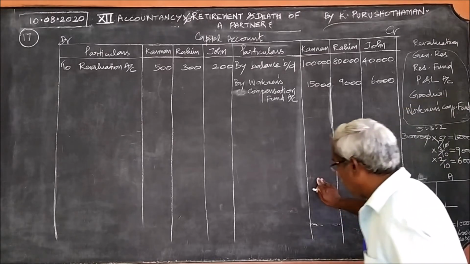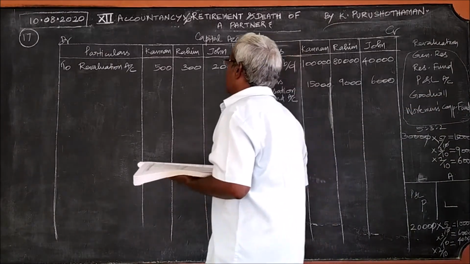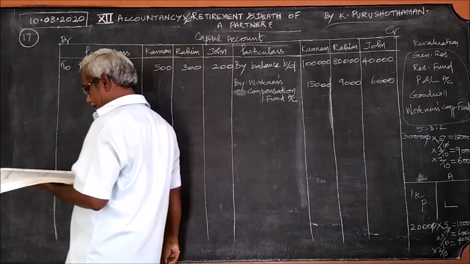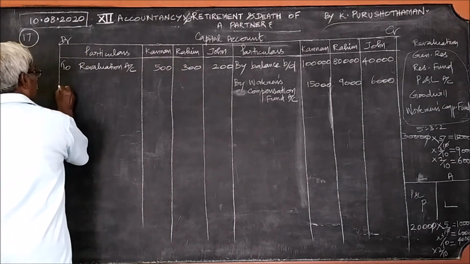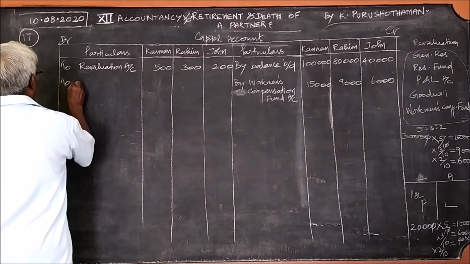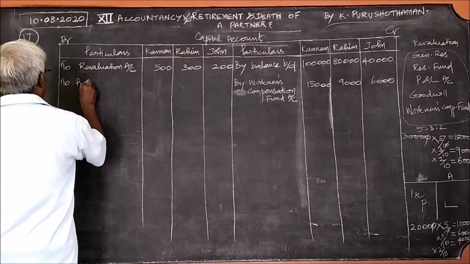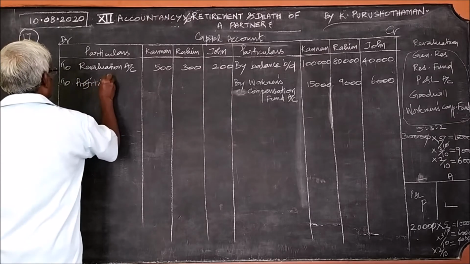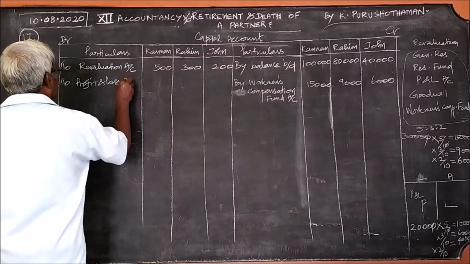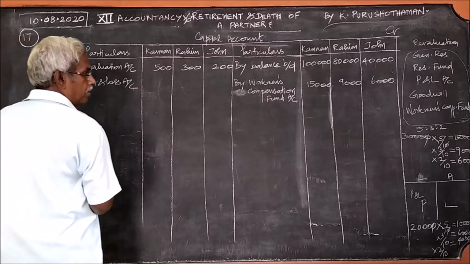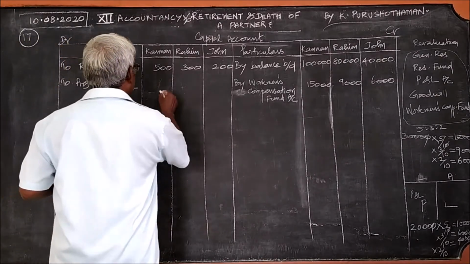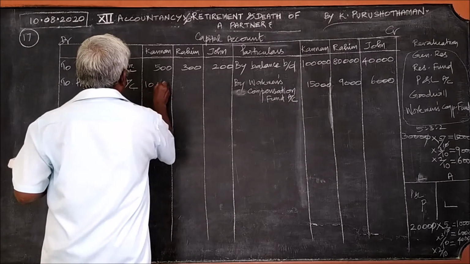Since this profit and loss account appears on the asset side, it is a loss. So, to profit and loss account, the amount is 10,000, 6,000, 4,000.